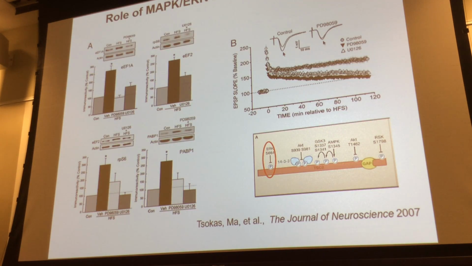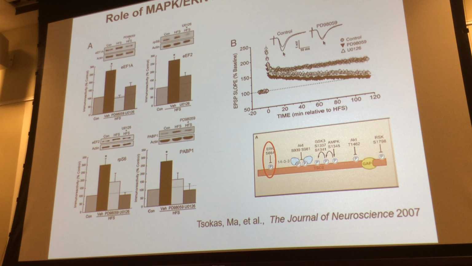All right. So here's another study to talk about an upstream regulator. This time we look at ERK, because you're probably familiar with ERK: it is basically MAPK, and in the brain it's called ERK.